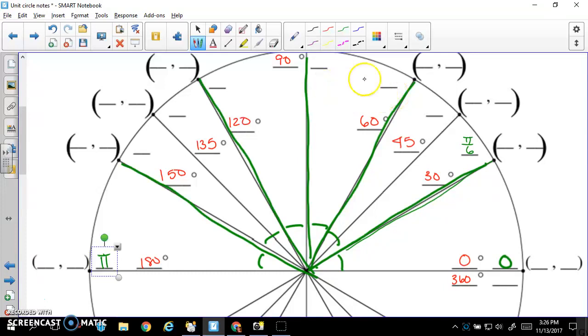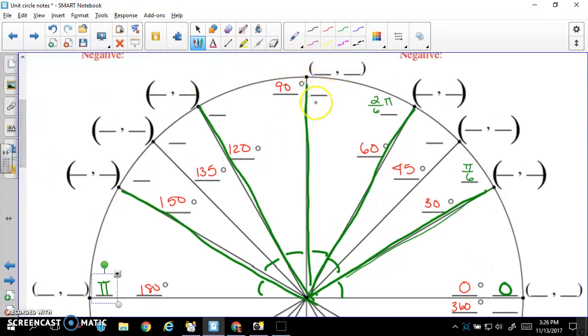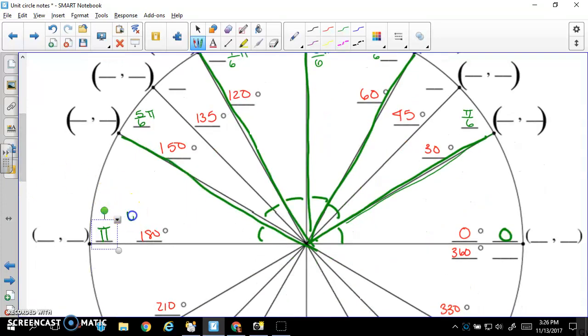And then right here, I have 2/6 of pi. Here I have 3/6 of pi. Here I have 4/6 of pi. I have 5/6 of pi. And here, 6/6 of pi.